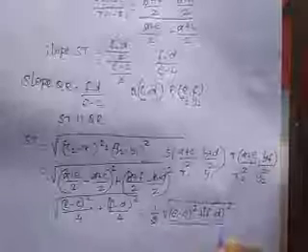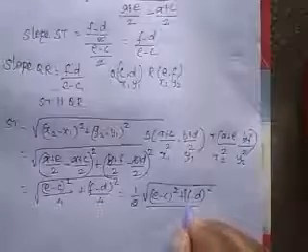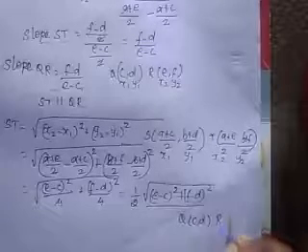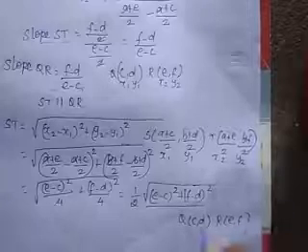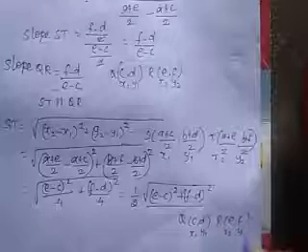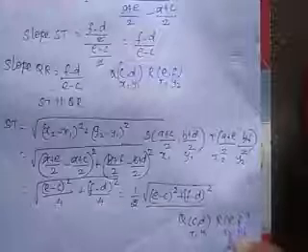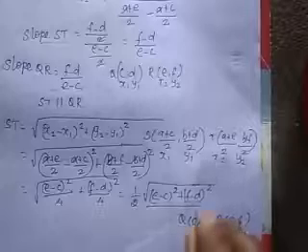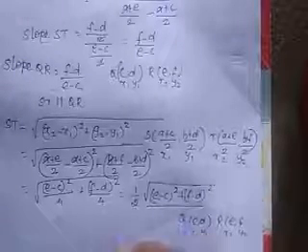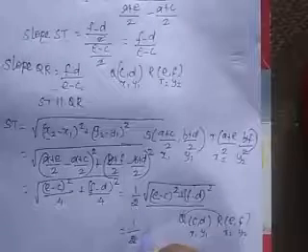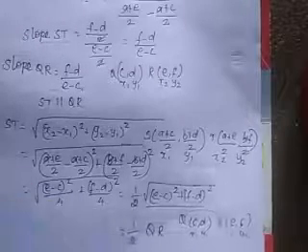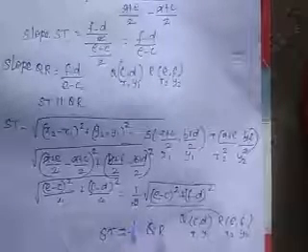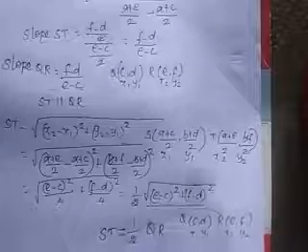This is the distance between the points Q and R. Q is the point (C, D) and R is (E, F). This is x1, y1, x2, y2. E minus C the whole square, F minus D the whole square. This is length of QR. So that is 1 by 2 into QR. So we prove that ST is equal to 1 by 2 QR, half of the length of QR.